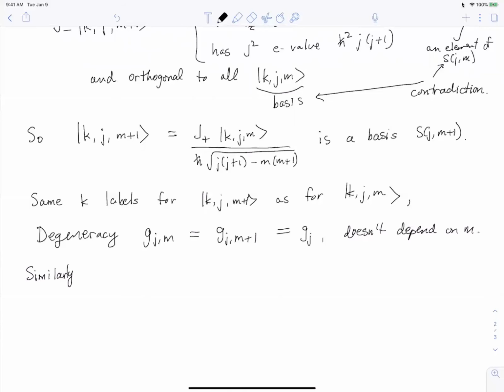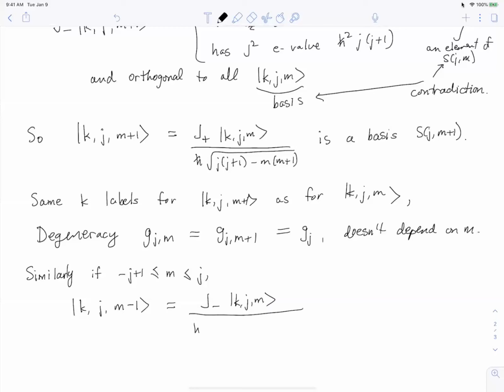So similarly, if minus j plus 1 is less than or equal to m, which is less than or equal to j, then we can construct k, j, m minus 1 to be the j minus operator acting on the state k, j, m, divided by a normalization factor, h bar square root of j, j plus 1, minus m, m minus 1, it turns out.